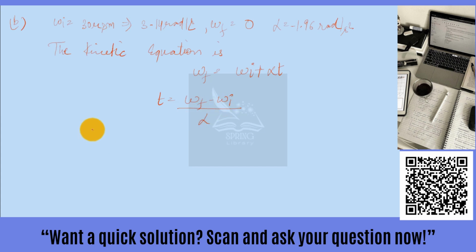Now substituting the values, we have t is equal to 0 minus 3.14 radian per second divided by minus 1.96 radian per second square. Hence we get 1.60 seconds. Conclusion: here the train will take 1.60 seconds to stop.